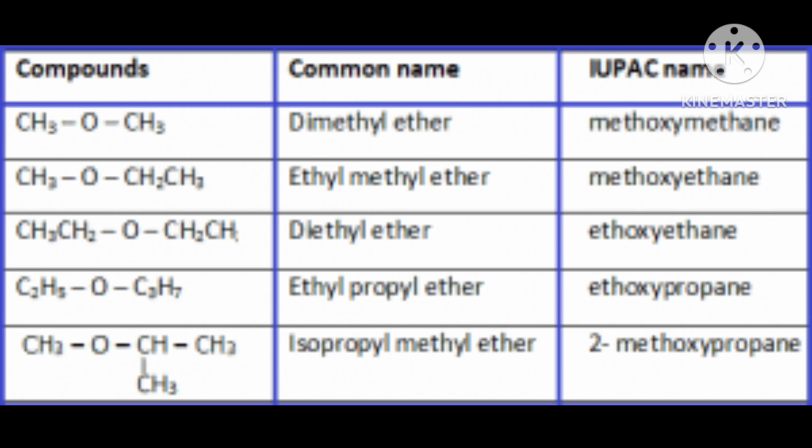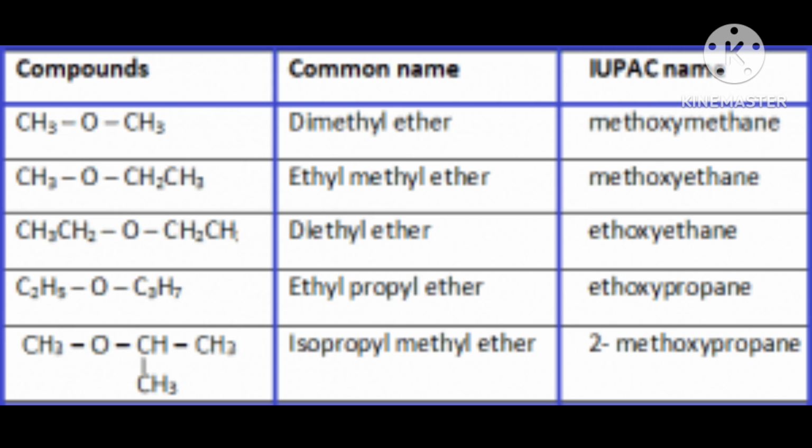OCH3 is methoxy, then ethoxy, propoxy, and like that butoxy. All these names are groups. OR is the group. Here the methoxy group means OCH3, attached to methane, meaning the methyl group. Then its name will be methoxy methane.